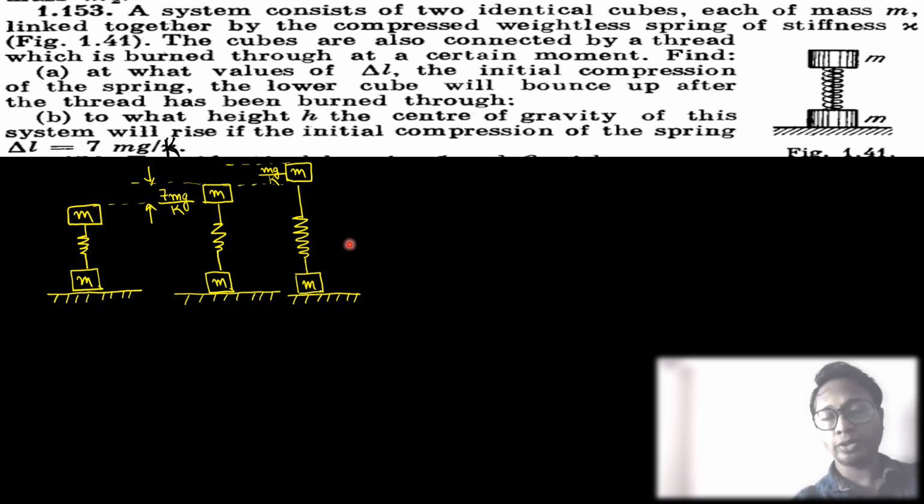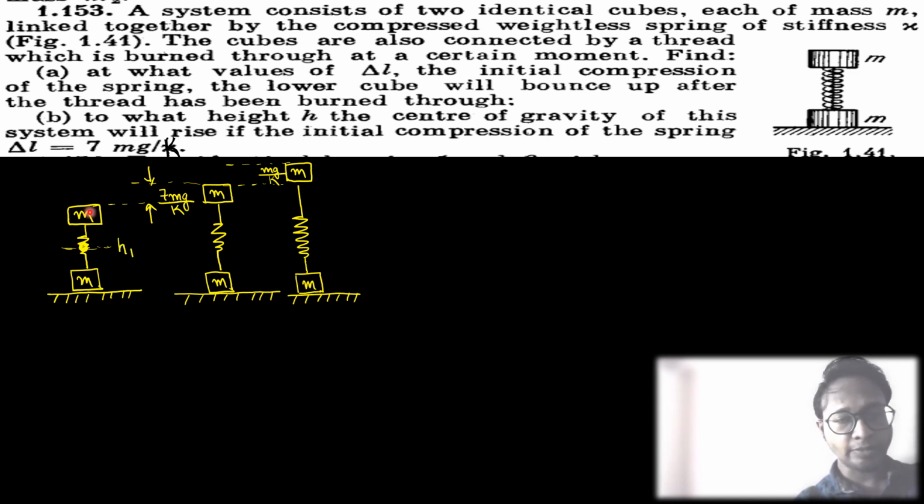So the question is asking what is the maximum height of the center of mass from this position to whatever is the maximum height of the center of mass. So let the center of mass be here. This is the center of mass of this body, H1.